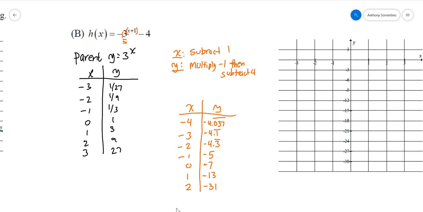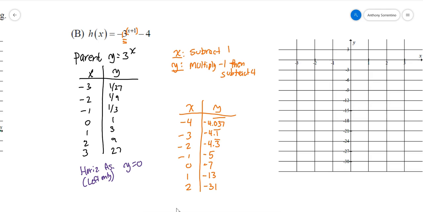It's also important to notice, remember we have asymptotes on these things, and I can note here that this had a horizontal asymptote on the left only of y equals 0.